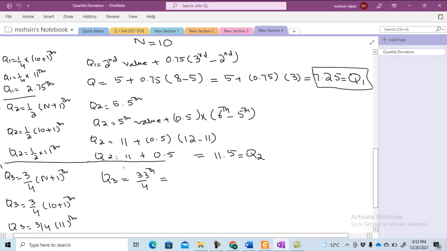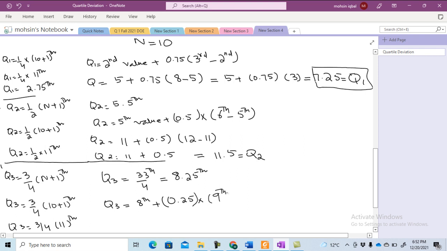So the 8.25th value is my third quartile. Q3 will be equal to the 8th value plus 0.25 multiplied by, in brackets, the difference with the ninth value.